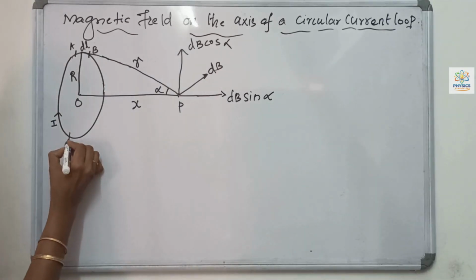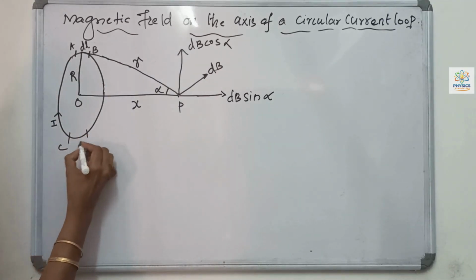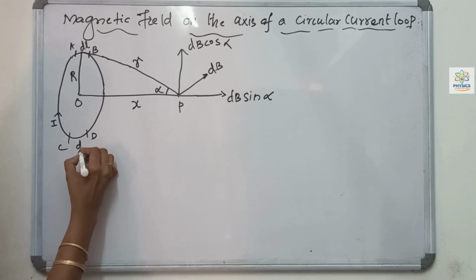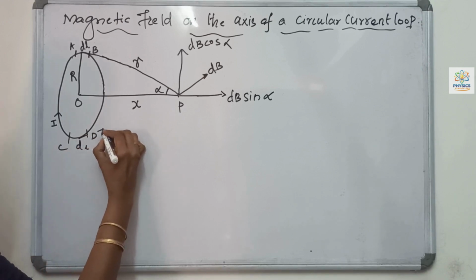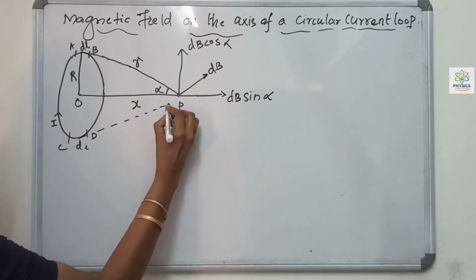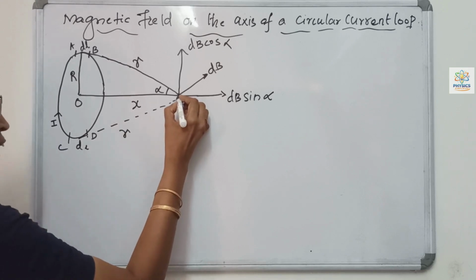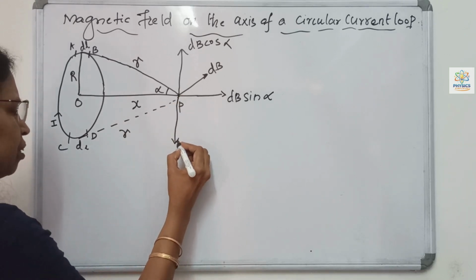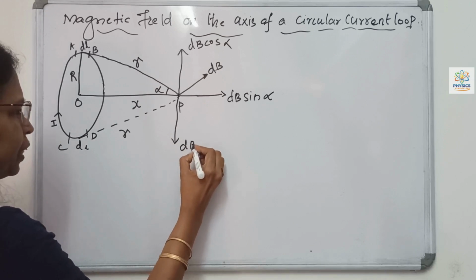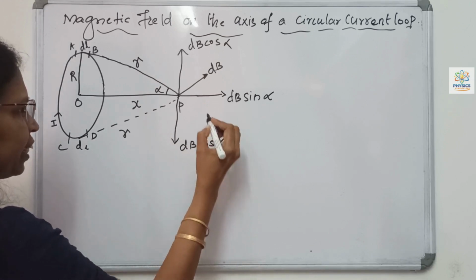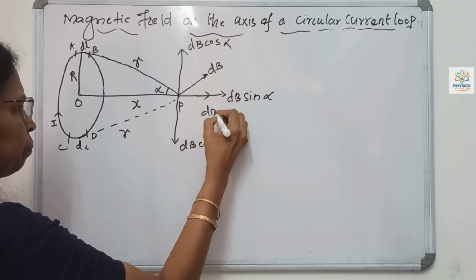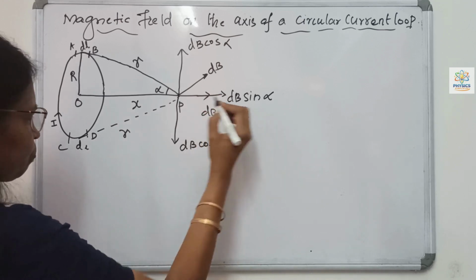So, if we consider a smallest element CD, here also the distance from the smallest element to the point P is r. Here also the magnetic field is split up into two components. One is dB cos alpha and another one is dB sin alpha.